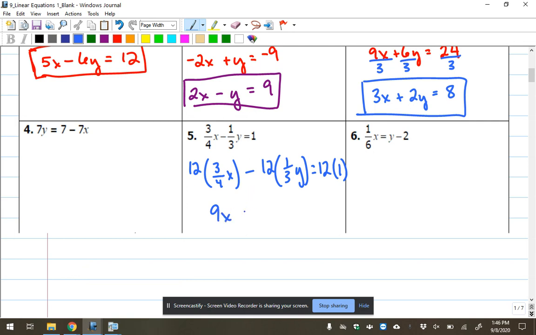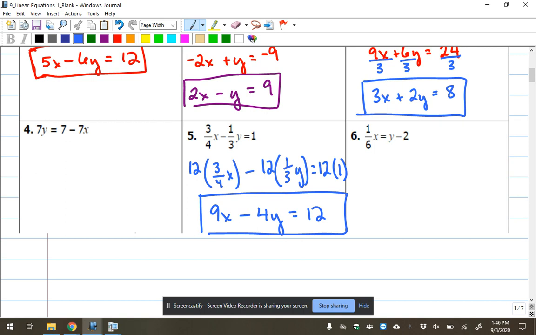A third of 12 would be 4, right? Yeah, it'd be minus 4y. And then 12 times 1, I think we all got that. And that's right. You got to check all those other things. And there we have standard form. But the key is getting the common denominator for those fractions.